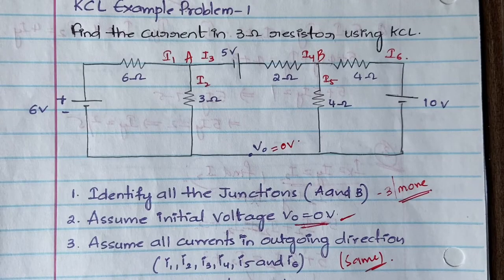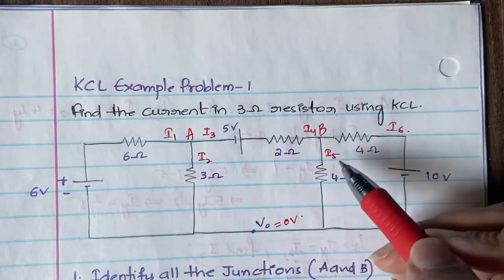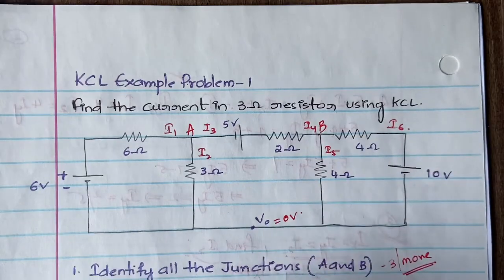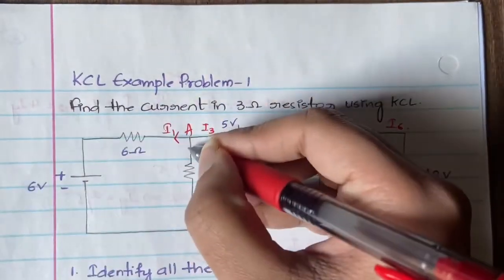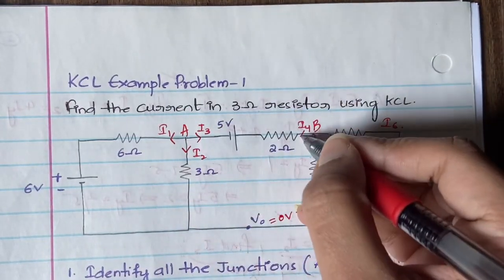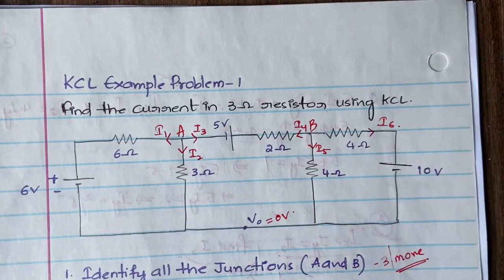So now we have I1, I2, I3 and I4, I5, I6. Now assume all the currents in outgoing direction. That means I1, I2 and I3 are going out. Here I4, I5 and I6 are also going out, let us assume.